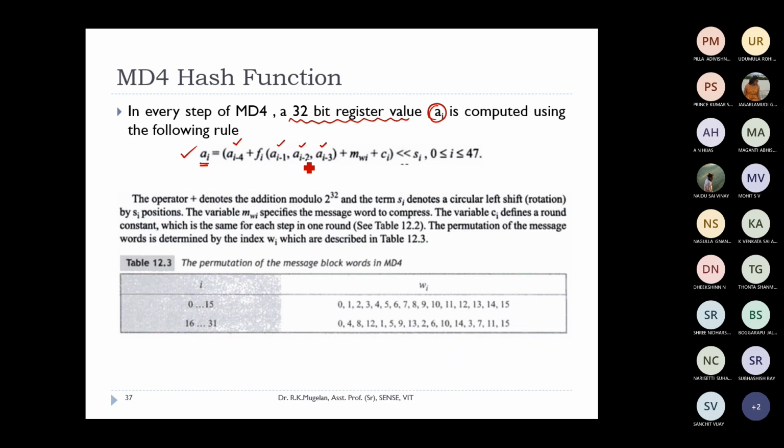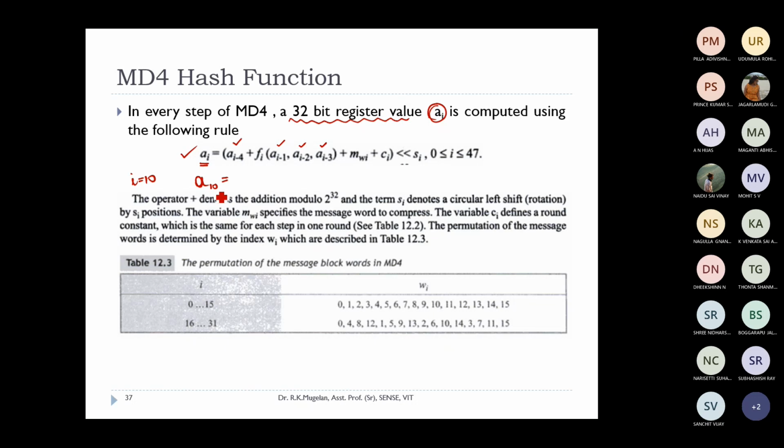And all these values will be there with you from the previous steps itself. Assume, for example, that I is equal to 10, that is, you're going to compute the register word for step number 10. If the step numbering starts from 0, this is actually the 11th step.